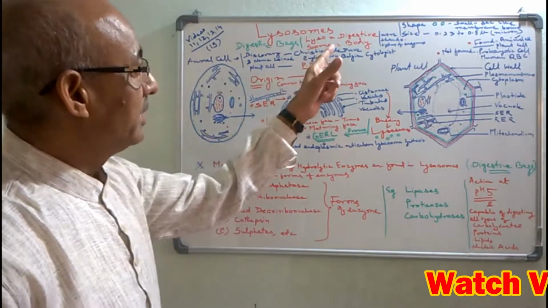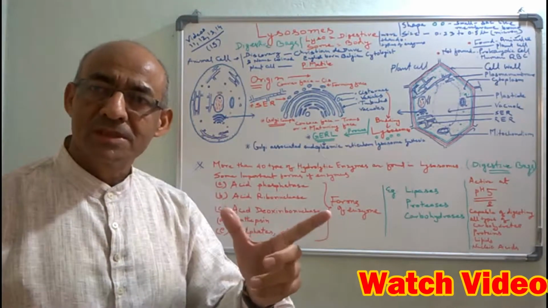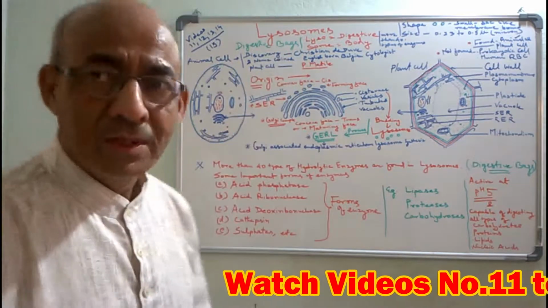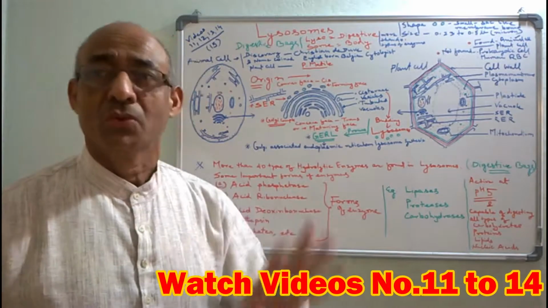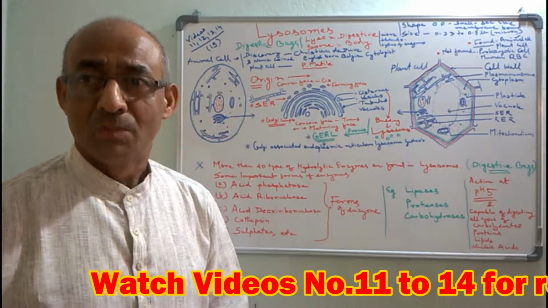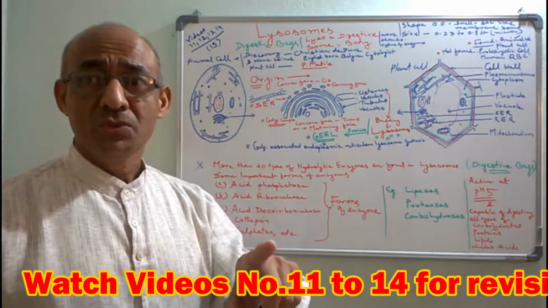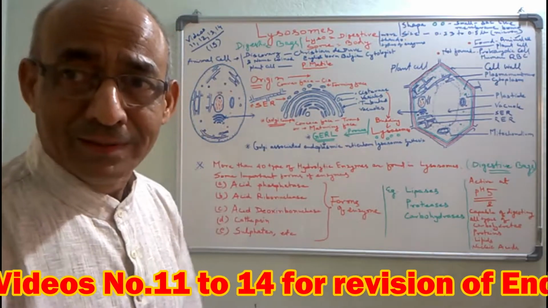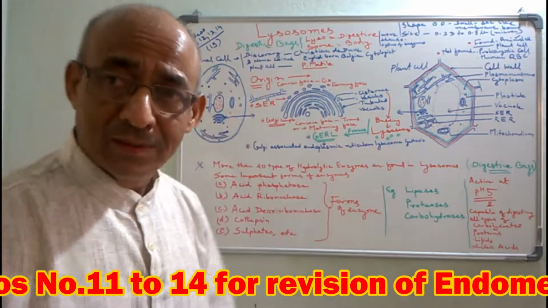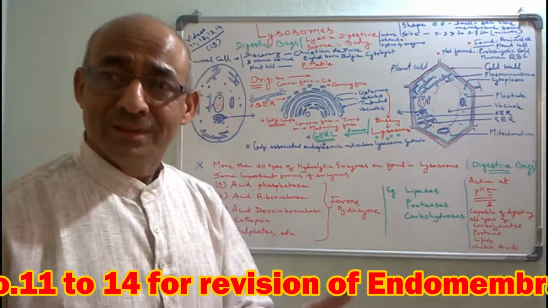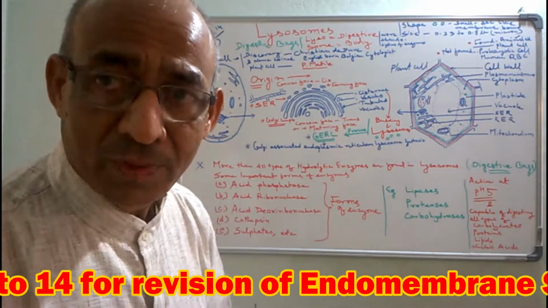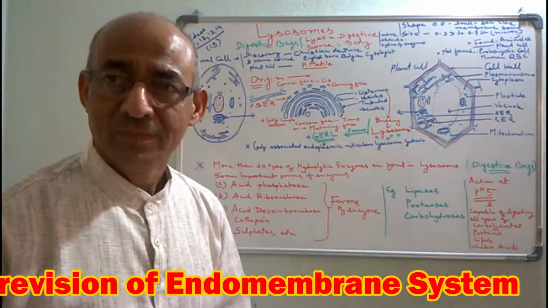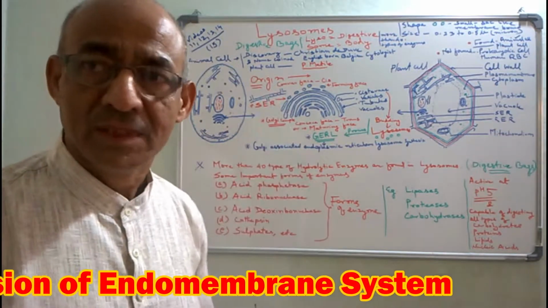Lyso means digestive and some means body. The word lysosome is telling its own story: the body which pertains to digestion. That means this cell organelle pertains to digestion inside the cytoplasm of eukaryotic cells. Really, this is the fact.